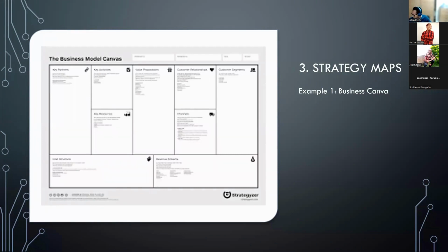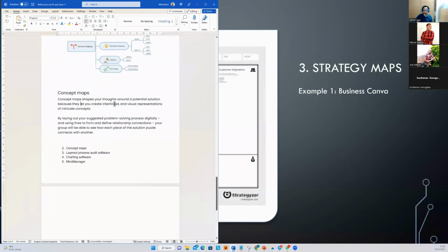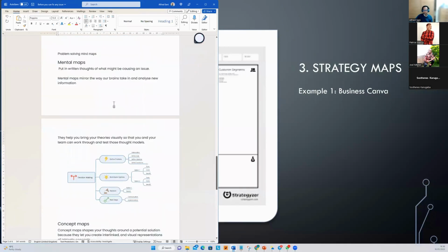Mnaweza mkawa na hizi sticky notes zenu, mtaanza kuangalia okay, who are the key partners. Mtajua kwamba key partners ni kina nani. Sawa. I'm just trying to find if there's a diagram.